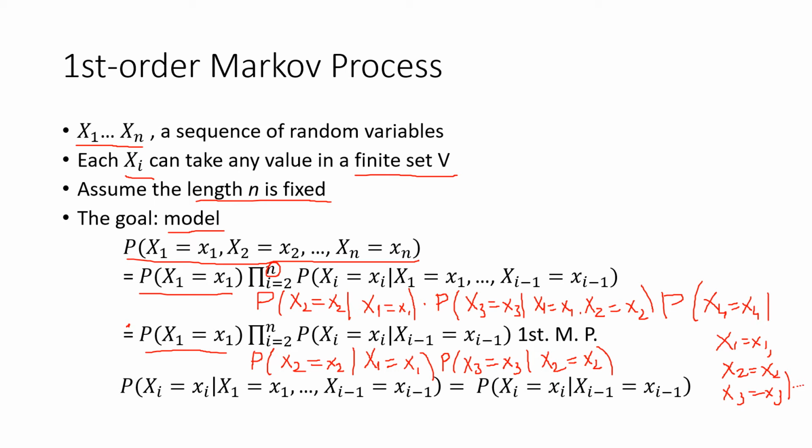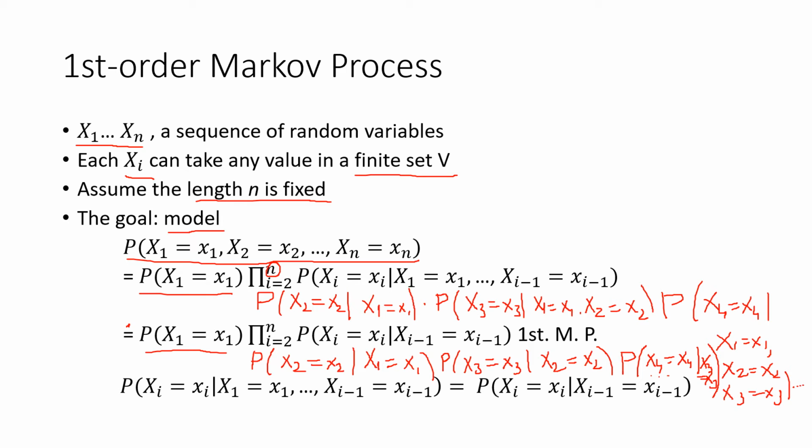So we don't care anymore about the variable X1. And then for i equals 4, that is the random variable X4, we'll also care only about the value of variable X3. So we'll no longer care about variables X1 and X2, and so on, times other product terms depending on n.